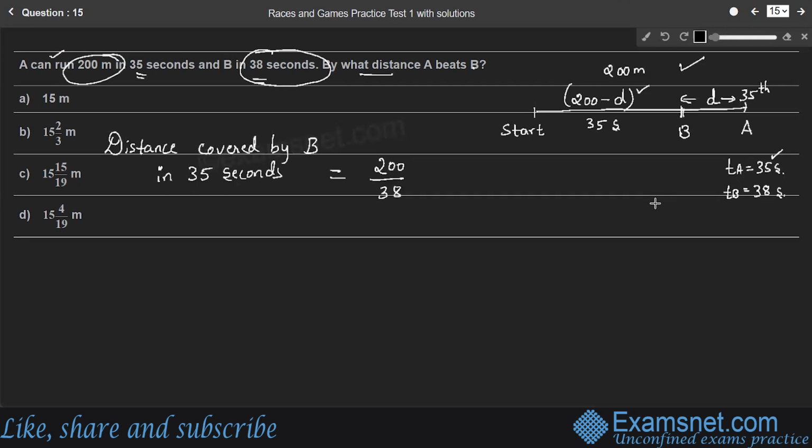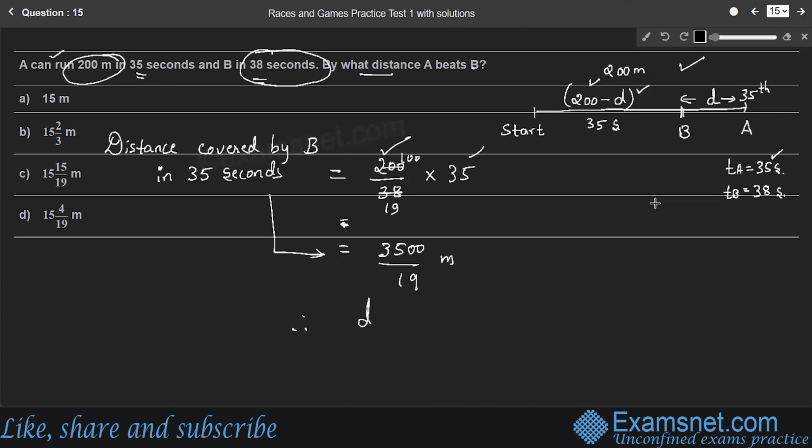Multiply by 35 to get the distance in 35 seconds. Simplify it: 2 into 19, 2 into 100, so we have 3,500 by 19 meters as the distance covered by B in 35 seconds. So the value 200 minus D is 3,500 by 19.